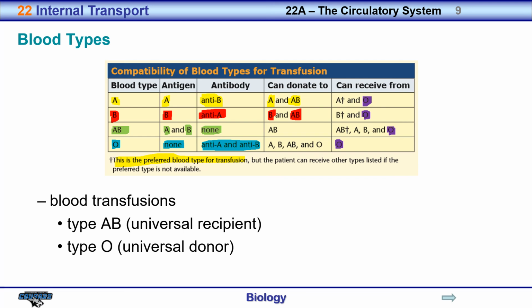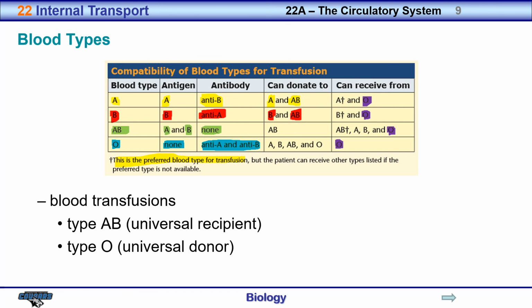And then there's about 15% of the US that lacks this antigen. So this Rh factor is kind of laid on top of the other blood types. So blood type A can also have Rh positive or negative. Blood type B could be Rh positive or Rh negative.